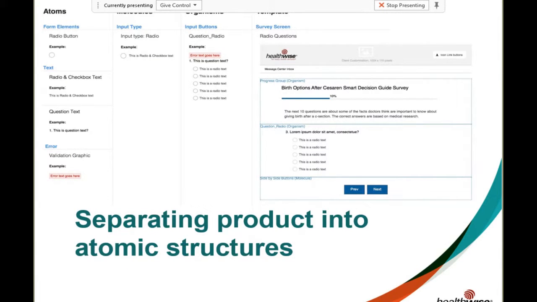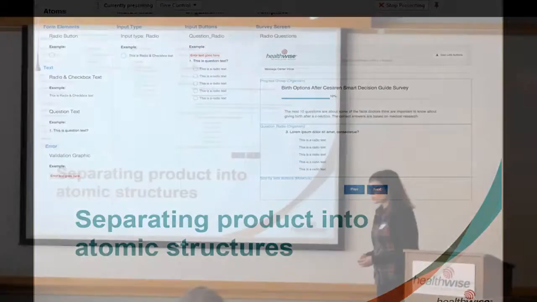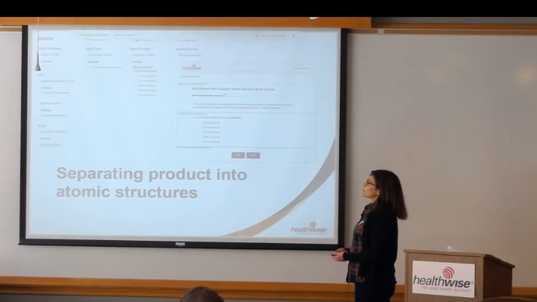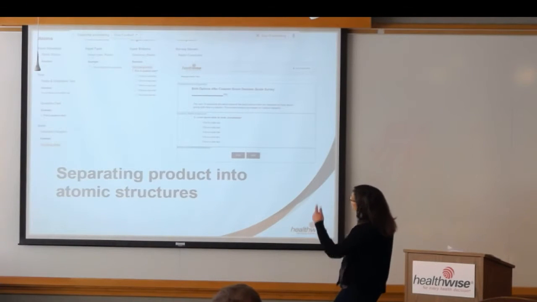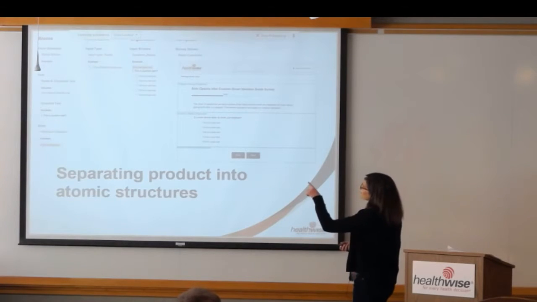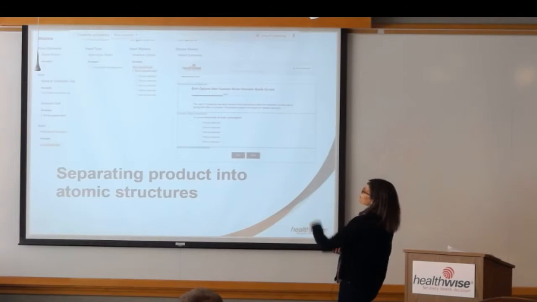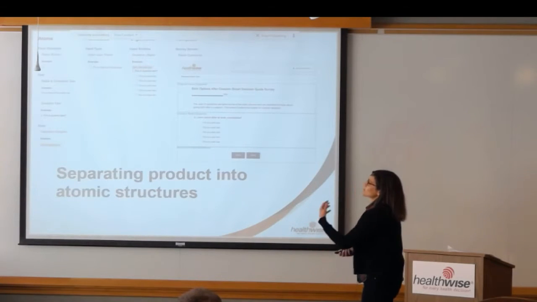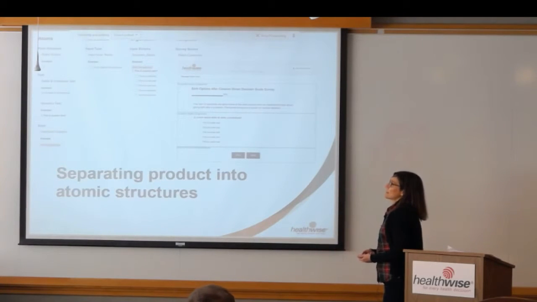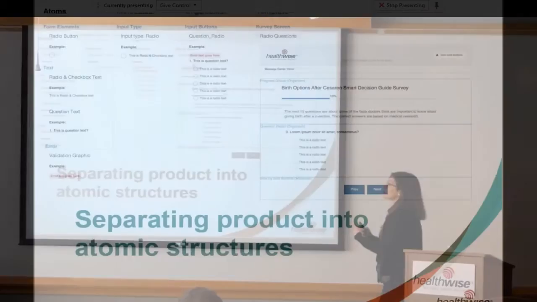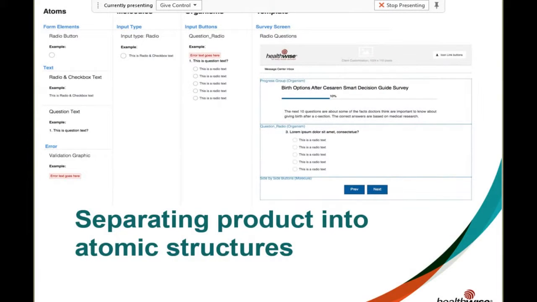And here's an example of a portion of that design audit. We took one of our products, and it looks like it's getting chopped off up there, have atoms, molecules, organisms, and templates across the top. But we took one of our products and we broke it down into all of the atoms, and how we might combine those atoms into molecules, organisms, and templates.